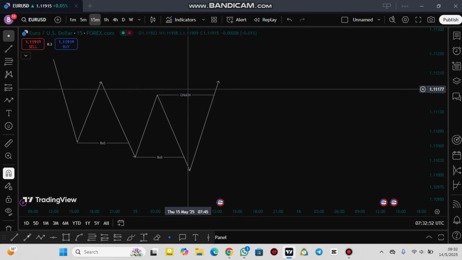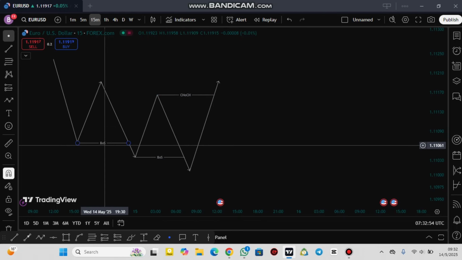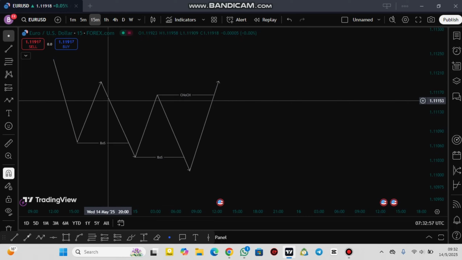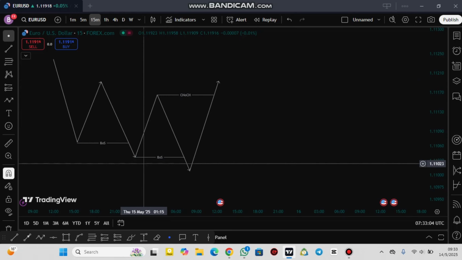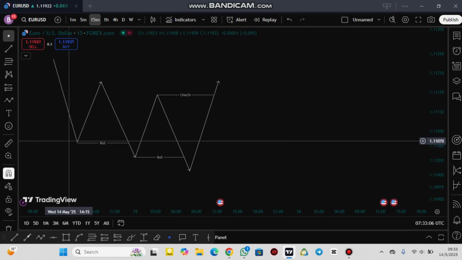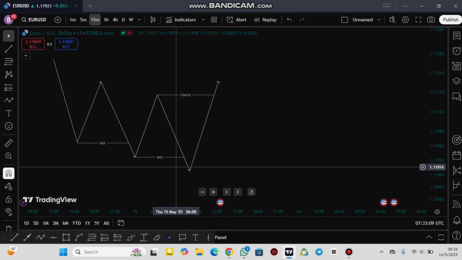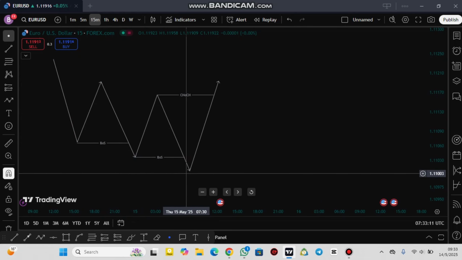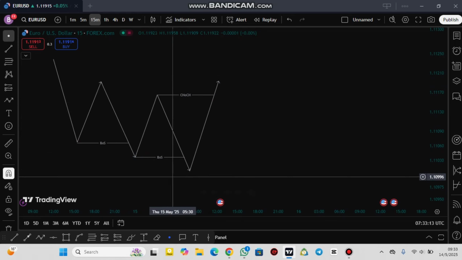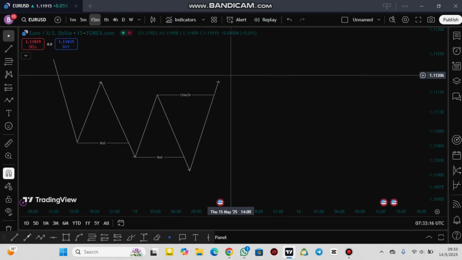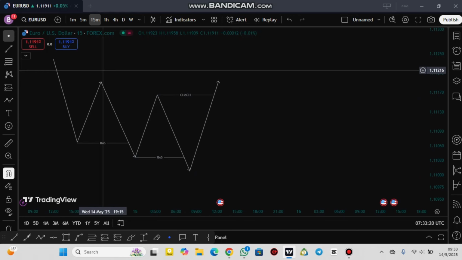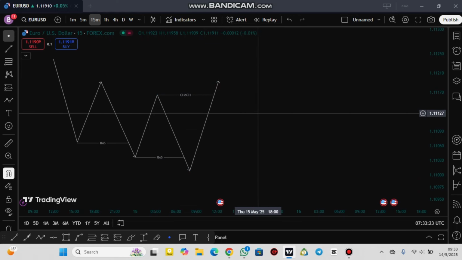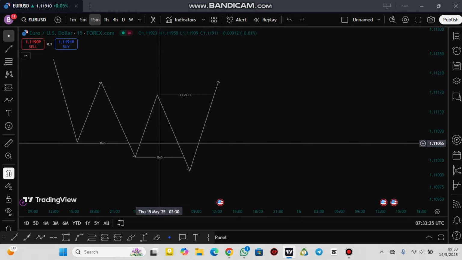It's no longer a break of structure. Why? Because a break of structure represents the continuation of a certain trend. If price is going down and creating breaks of structure to the downside, this is a continuation. Every time price breaks the low, it's a continuation. But the moment price violates a previous lower high, price is now switching trend. It's changing character from a series of lower lows and lower highs to a series of higher highs and higher lows.